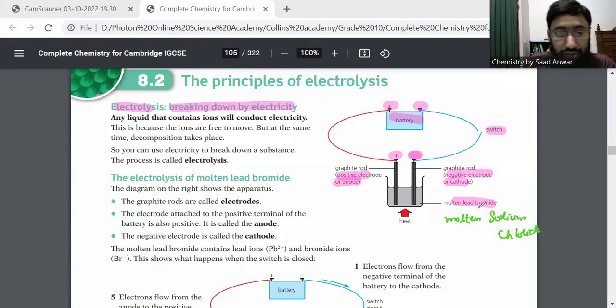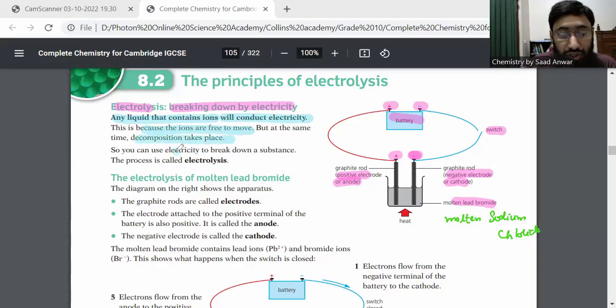To make the example easy: what is an electrolyte? Any liquid that contains ions will conduct electricity, and we call this liquid an electrolyte. This is because the ions are free to move, but at the same time decomposition takes place.